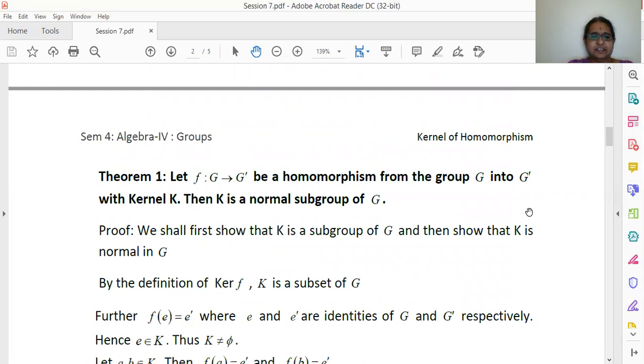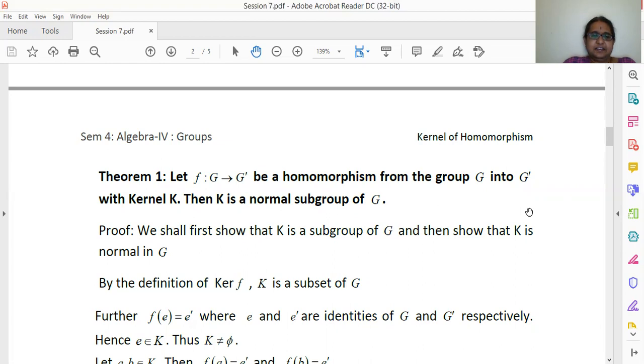Since f is given to be a homomorphism, the mapping from G to G dash satisfies f of a dot b is equal to f of a star f of b, where dot is the binary operation for the domain set and star is the binary operation for the codomain set G dash.